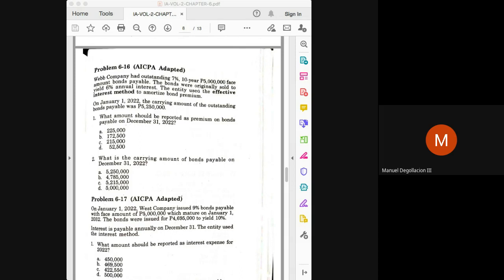But if you use the percentage of AR, the amount that you would get would already be your adjusted ADA, and you will just use your adjusted ADA to determine your doubtful accounts expense. It's basically the same difference, class, as in our discussion on percentage of sales versus percentage of AR, and the use of the straight line method and the effective interest method.